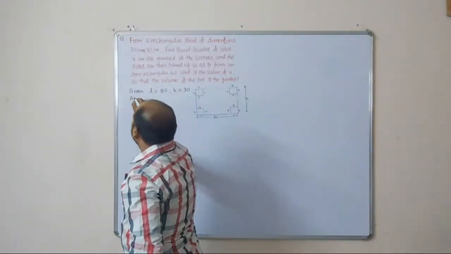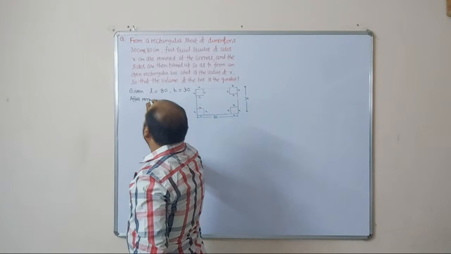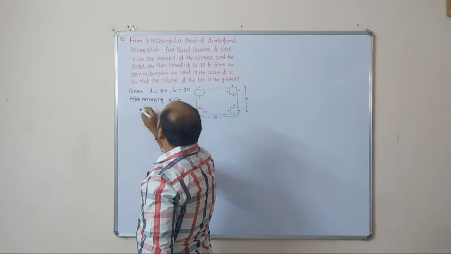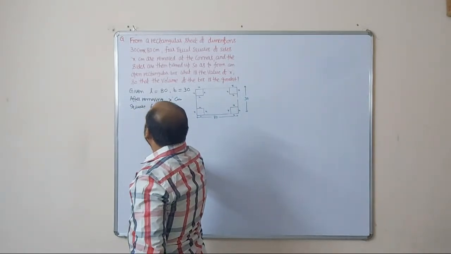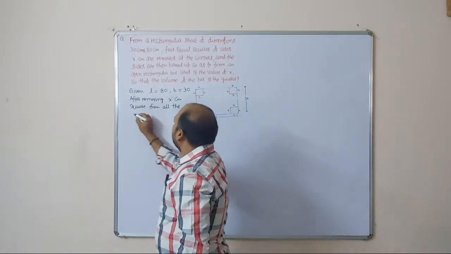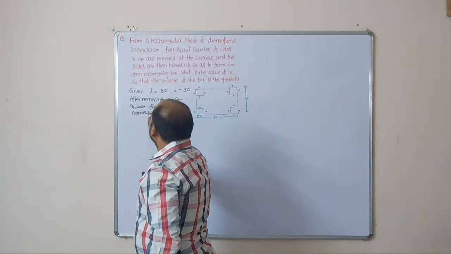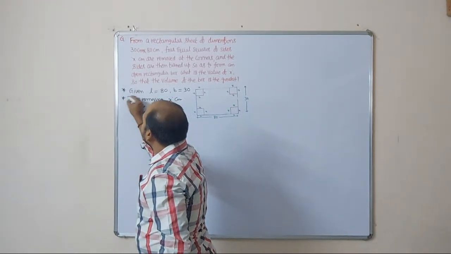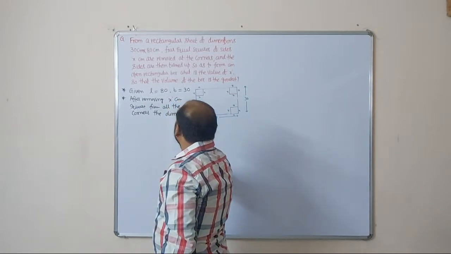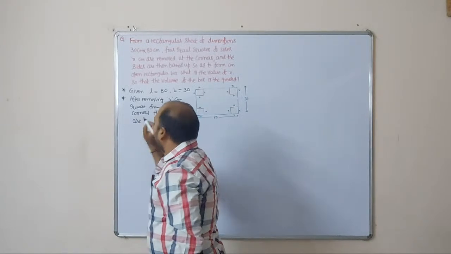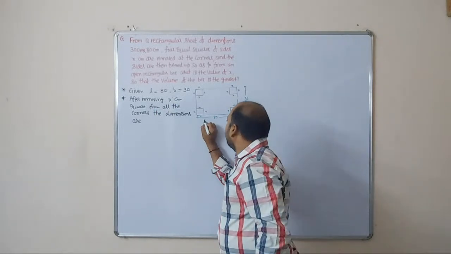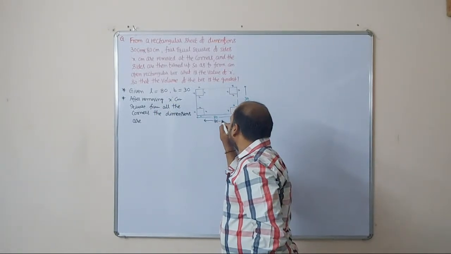After removing x centimeter squares from all the corners, the dimensions are: after removing x centimeters here, it becomes 80 minus 2x.